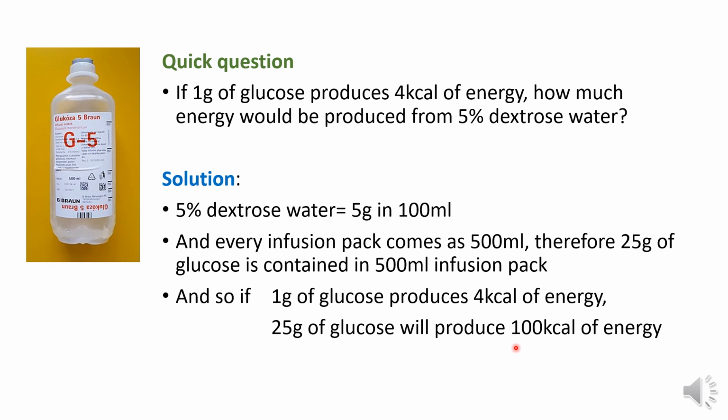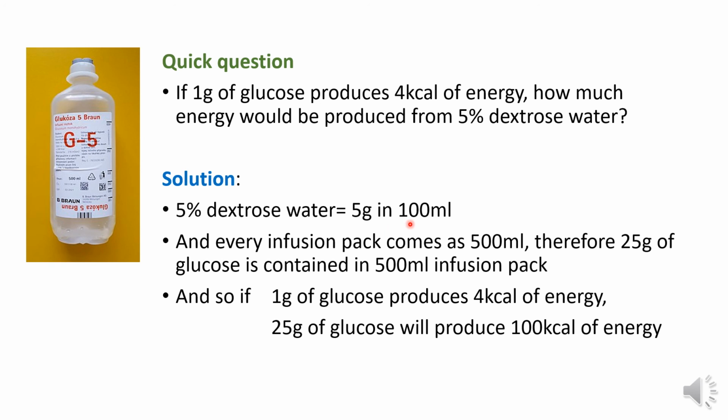I hope you understand. Let me just come again. The question is, in this infusion pack containing 5% glucose in 500 ml, how many kilocalories will be produced when this infusion pack is given to a patient? In 5% dextrose water, it translates to 5 grams of glucose in every 100 ml.